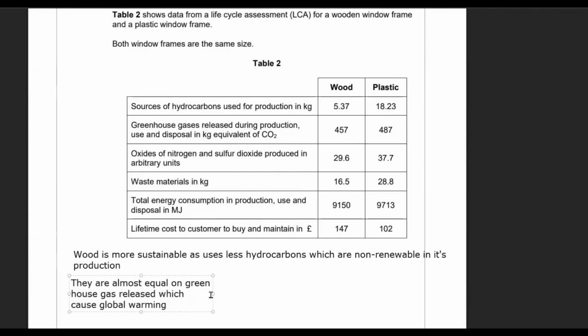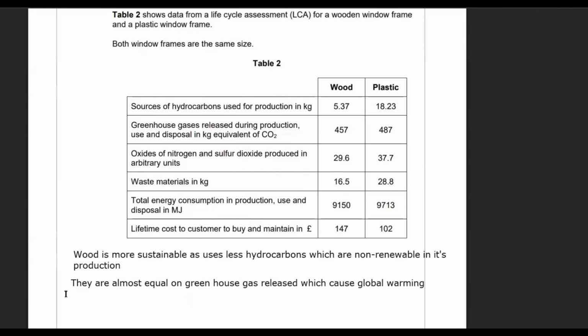I'm showing the examiner I know that greenhouse gases cause global warming, just like to show that off. They're almost equal. If we want, we could say wood is slightly less of a contributing factor to climate change, like global warming, because of that. So using wood in window frames has a smaller impact.